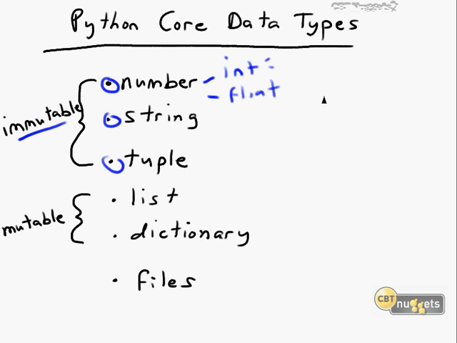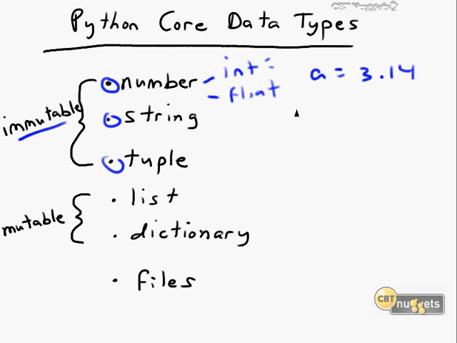In other words, once you define a name or a variable using that data type, it's going to be that data type and that value forever. Now you can create a new object, like let's say for instance we had a variable a equal to 3.14. Now what data type is that going to be by default? Well, you know that's going to be a float, don't you?